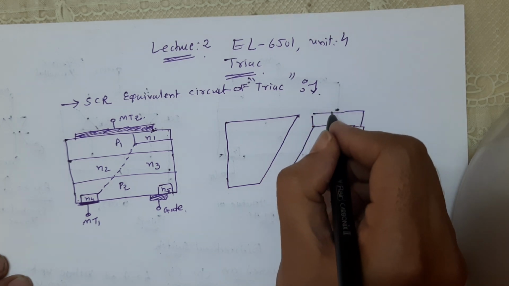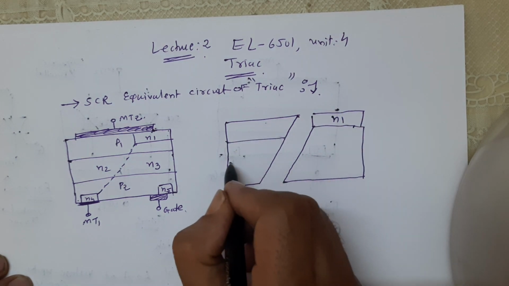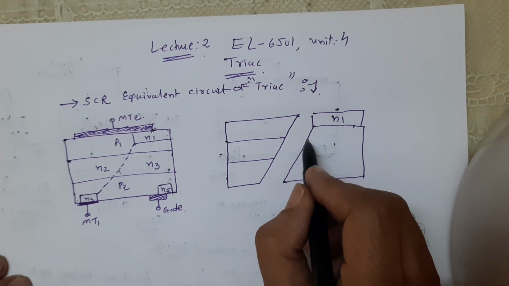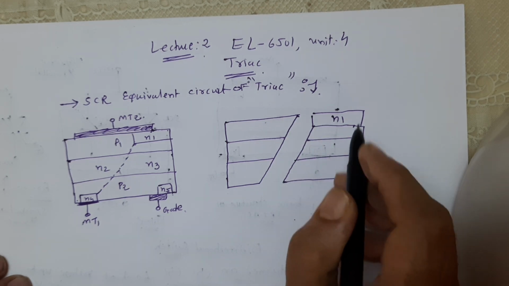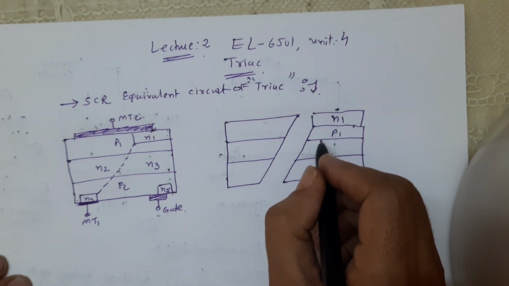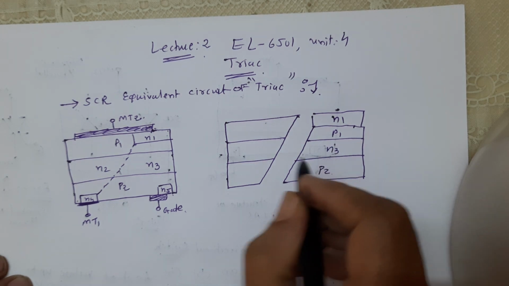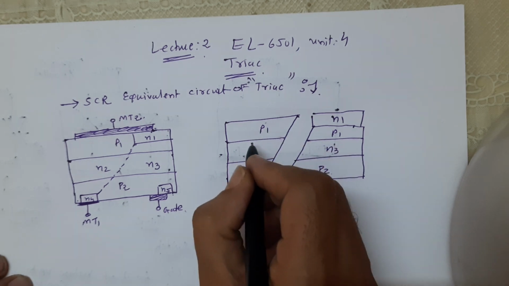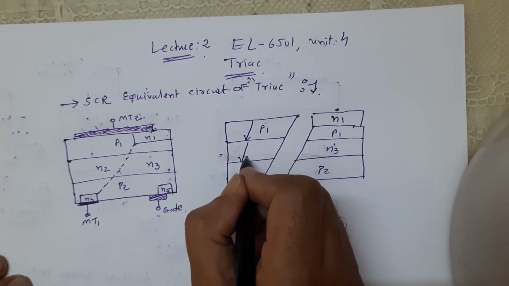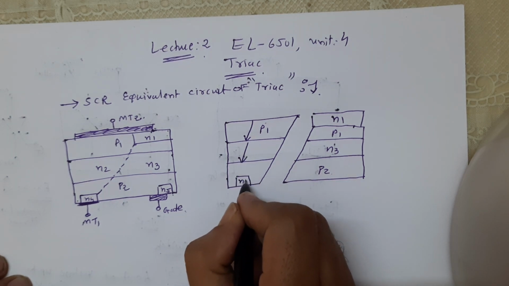This is your N1, P1, N3, P2, P1, this is the direction, N4.